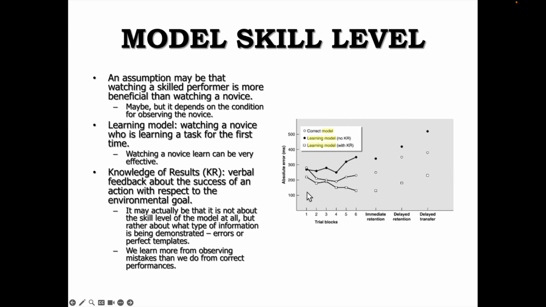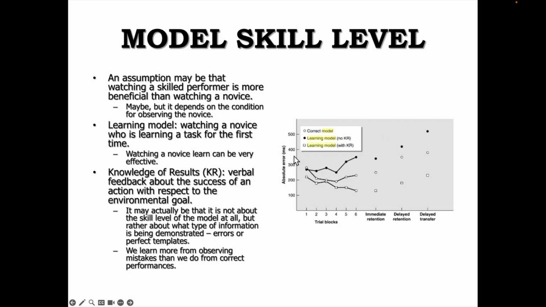When the participants performed the study throughout the trials, when they were shown the beginner learning and were shown the mistakes, they actually performed the best on the test throughout their learning trials, retained that knowledge, and transferred that knowledge a lot better, making fewer errors compared to observing the correct model. And the worst success was those who were watching the learning model but were not told what errors they were making.